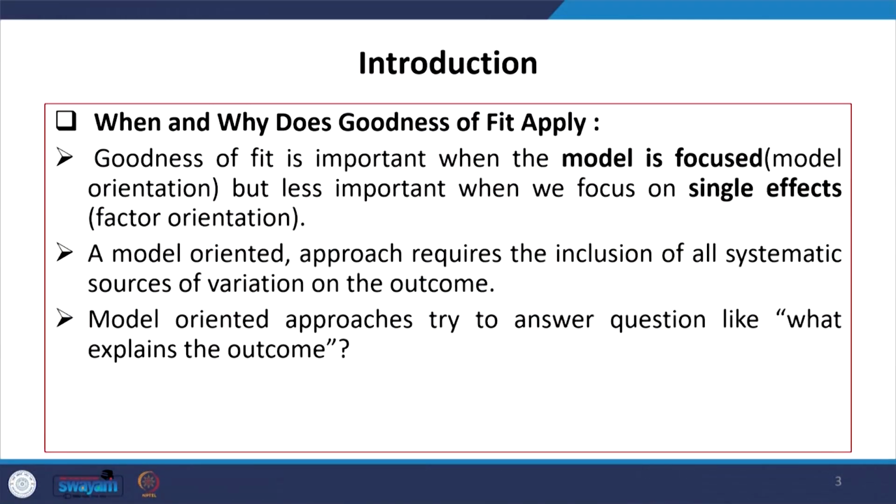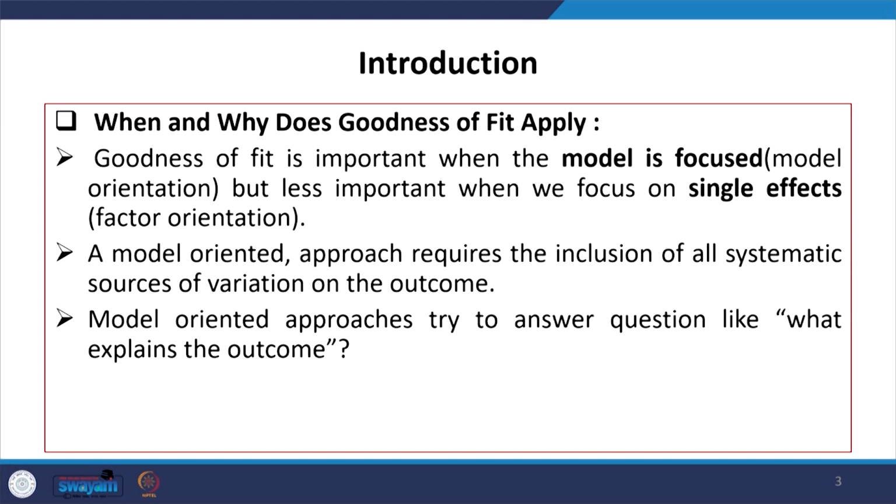Like goodness of fit, as we already said, we need to understand when and why it applies. Goodness of fit is important when the approach is model oriented, but less important when we focus on single effects, that is factor orientation.